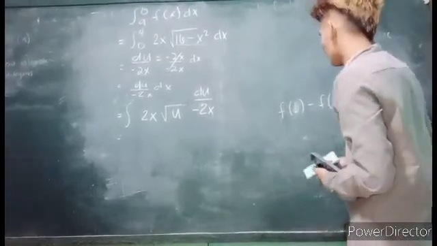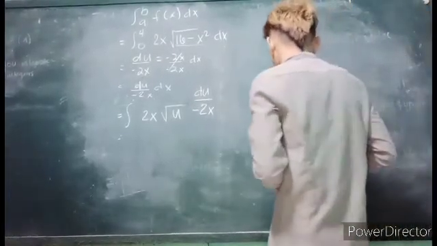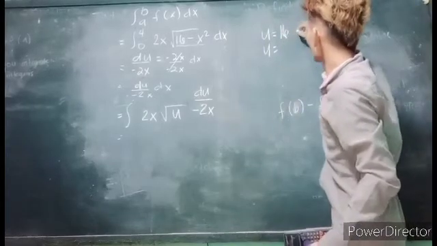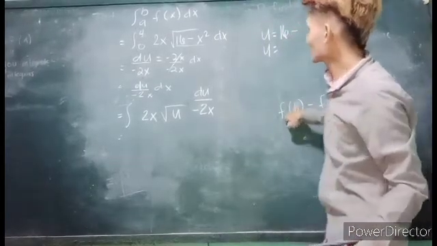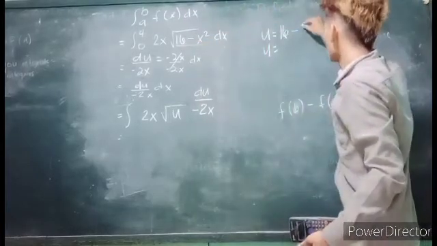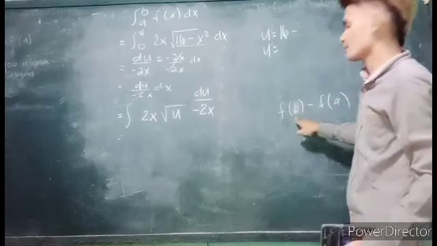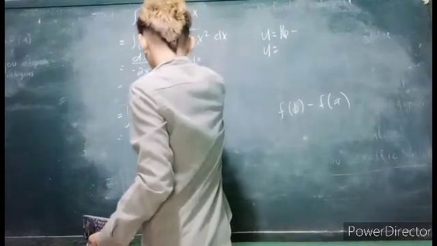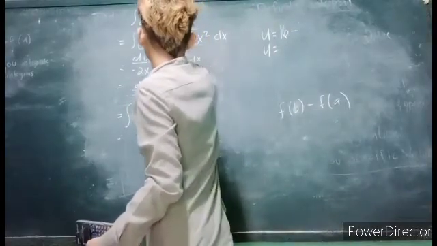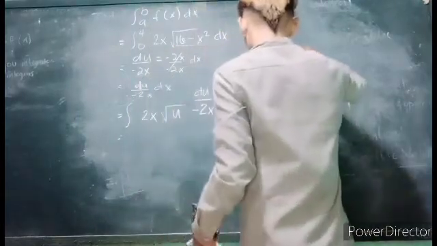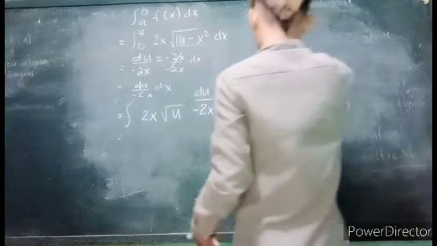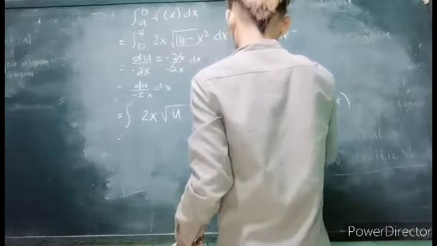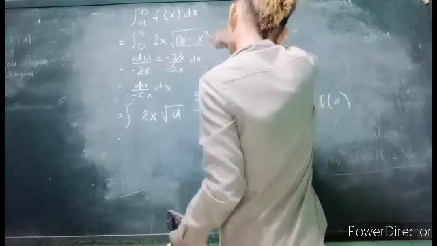So u, our f is 16 minus x squared. What is our b? Our b is 4.